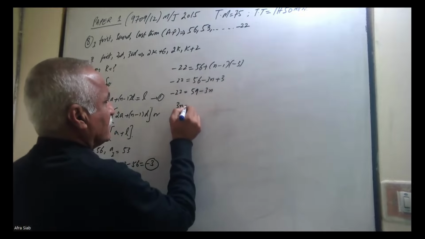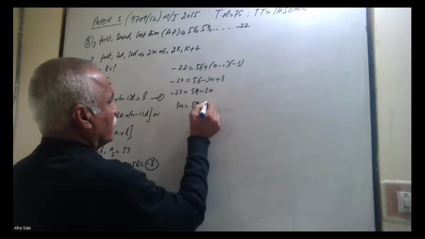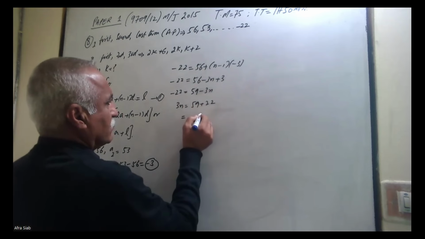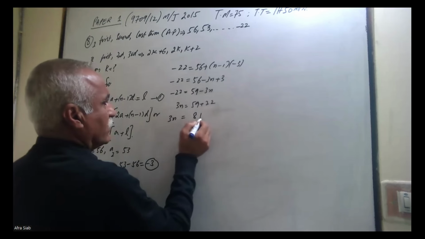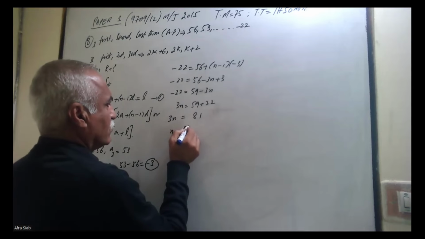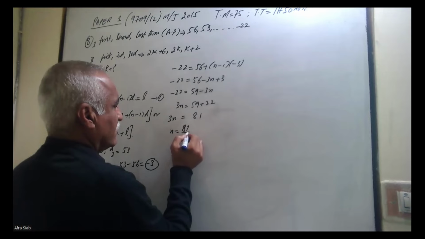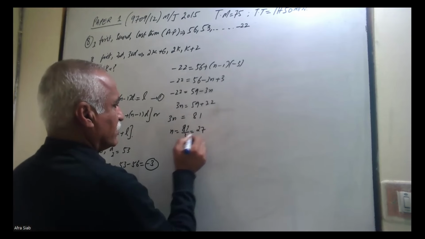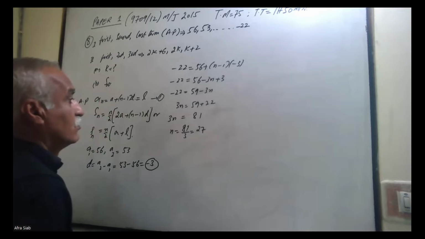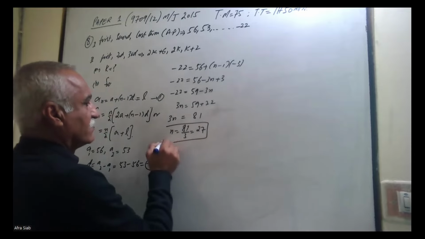So 3n is equal to 59 plus 22, so 3n is equal to 81, and n is equal to 81 over 3, that is equal to 27. So n is 27.